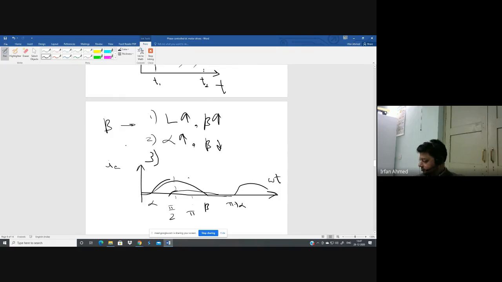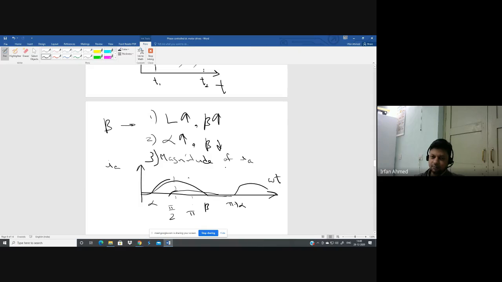Somebody gave the answer. It depends upon the magnitude of IA, or the amplitude of the armature current. The higher the amplitude of armature current, the greater will be the value of beta.